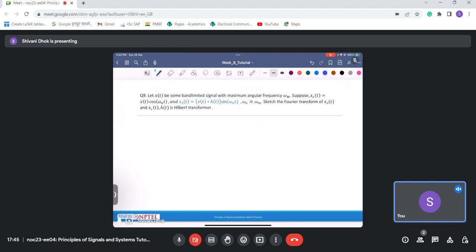Now let us look at the second part of it. The second part is a little bit more involved. So what we are having is xs(t) equal to x(t) convolved with h(t), into sine of omega naught t.